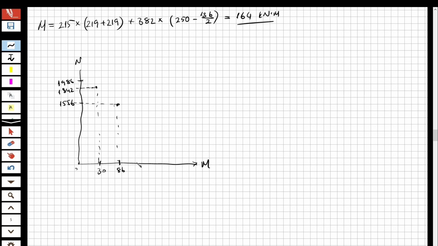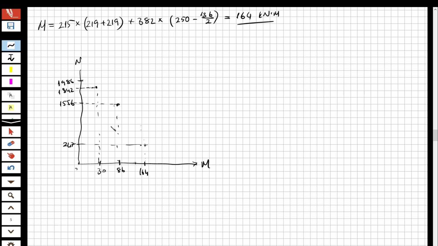Sorry, I have a 164 before that. For example, this is 164, and due to this one, this is going to be, for example, this point, okay? Because the moment with respect to that point is 247.